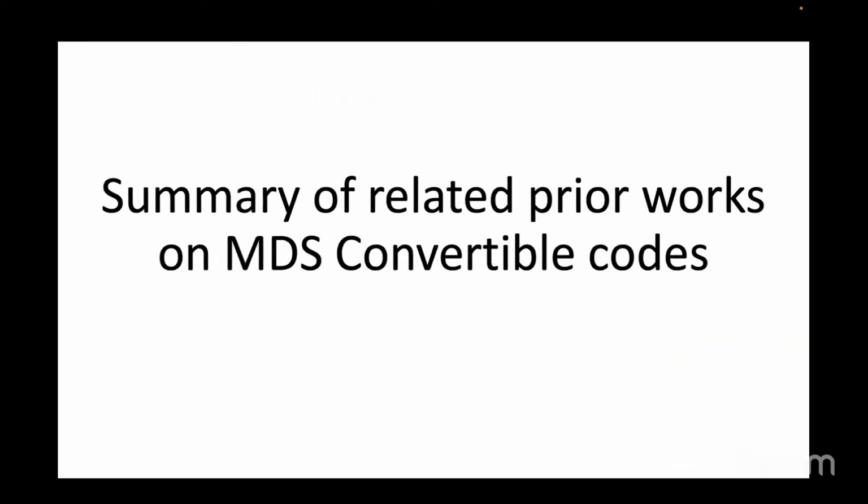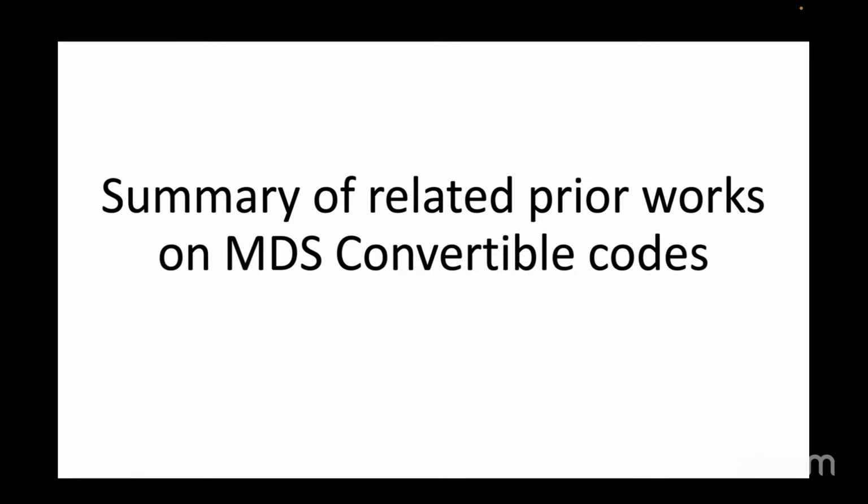Okay, so now as a summary of related prior works on MDS convertible codes. So please note that now I'm restricting my attention to MDS convertible codes. In the interest of time, I'll not be going into other types of convertible codes. For example, there are several works looking into convertible codes which also have good repair properties, like local repairability.